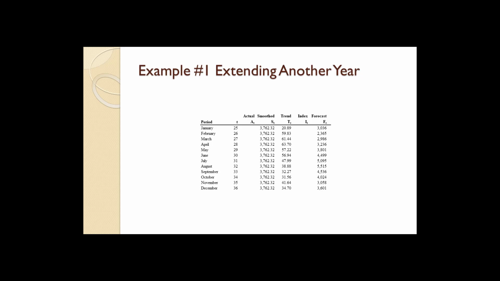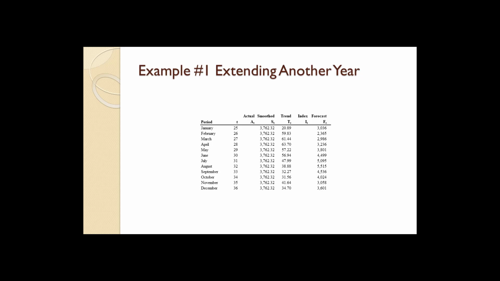F sub 26 equals 3,762.32 plus 20.89 quantity times 0.625 equals 2,365. F sub 27 equals 3,762.32 plus 59.83 quantity times 0.781 equals 2,986. F sub 28 equals 3,762.32 plus 61.44 quantity times 0.846 equals 3,236.